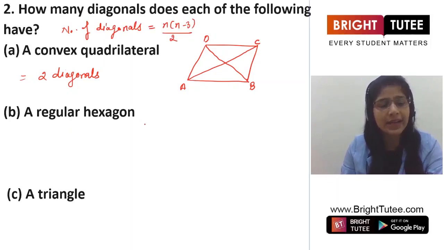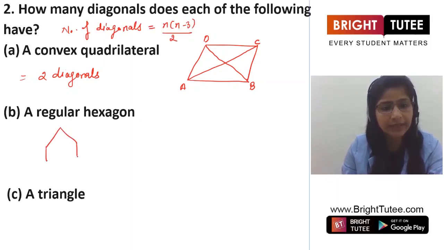Now a regular hexagon. So you can draw a regular hexagon like this. Regular means all the sides are equal. These all 6 sides are equal to each other. Now if you are going to draw the diagonals, how are you going to draw? A, B, C, D, E and F. Suppose these are the vertices.